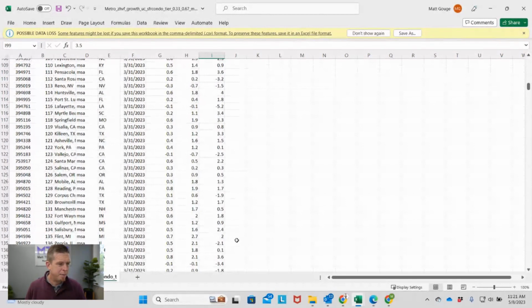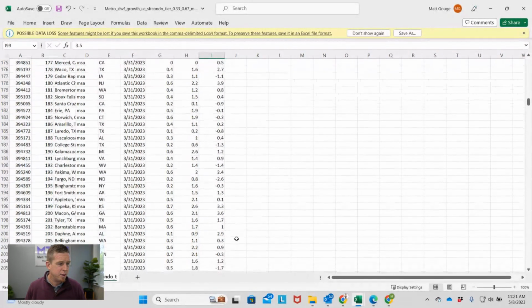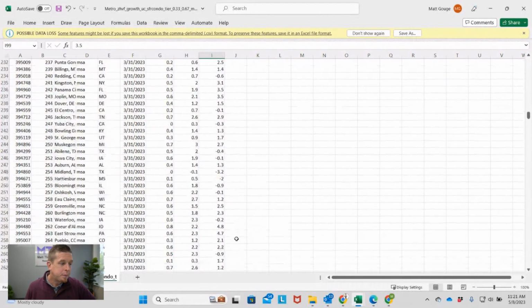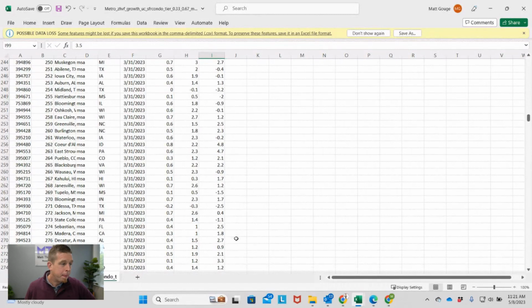That might be the biggest number I'm seeing. I'm scrolling through here in real time, seeing if I can find something higher than a 5. Coeur d'Alene, Idaho, 4.8% uptick. All right. I thought Idaho was done growing. I thought they were on the decline, but here we are.